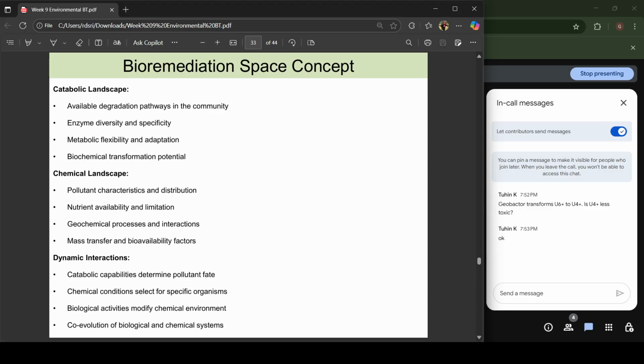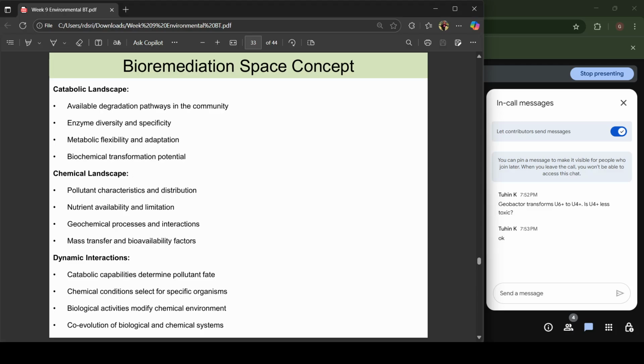When we talk about the chemical landscape, we are referring to the pollutant characteristics and distribution, what pollutant is present and how it is distributed. It can be concentrated at one point, diluted at the other. So all this information we need. We need to know the nutrient availability and limitation. So the pollutant can itself act as the carbon energy source.